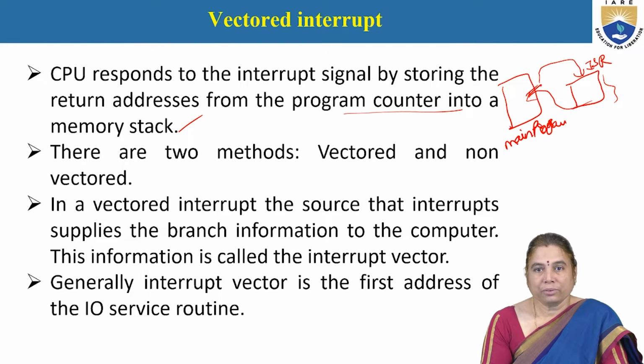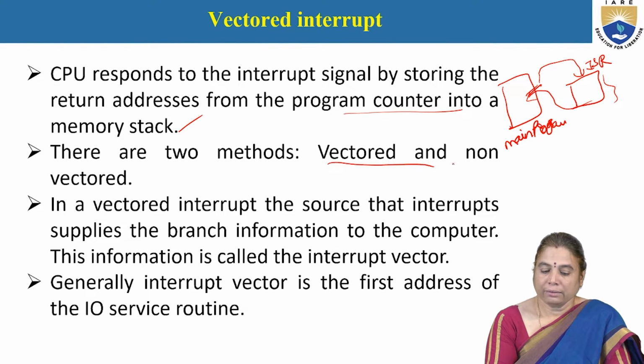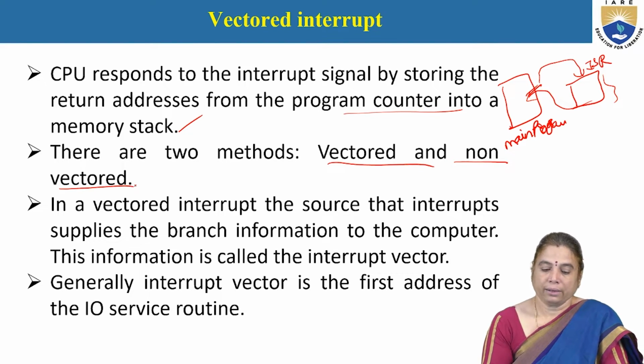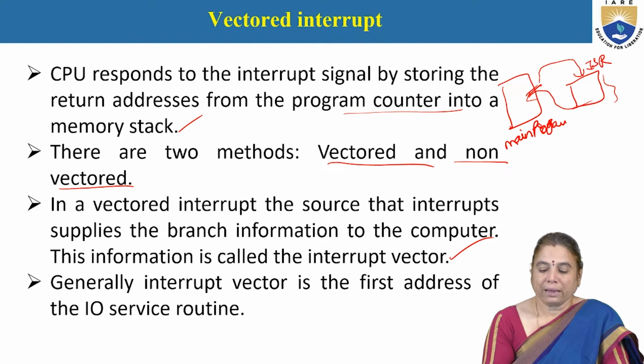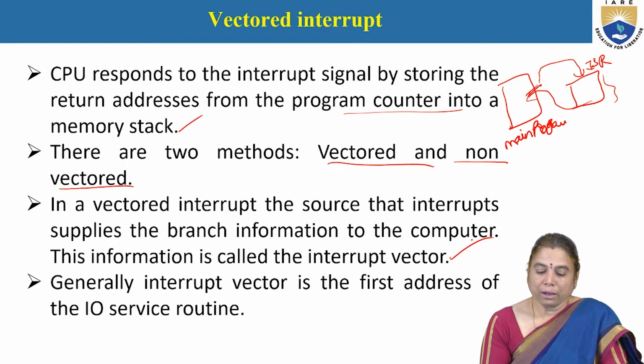There are two methods to store these return addresses. One is vectored, the second one is non-vectored. In a vectored interrupt, the source that interrupts supplies the branch information to the computer. This information is called the interrupt vector. So the peripheral device that raises the interrupt supplies the branch information to the computer.